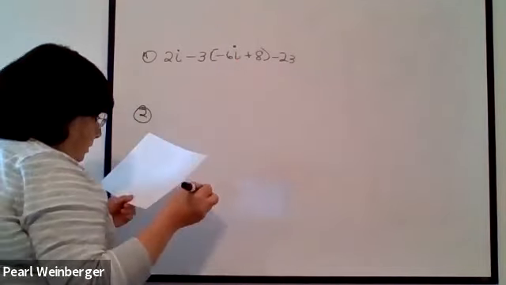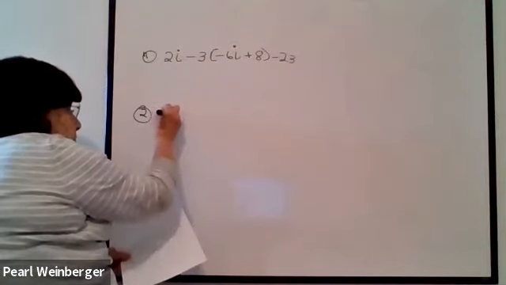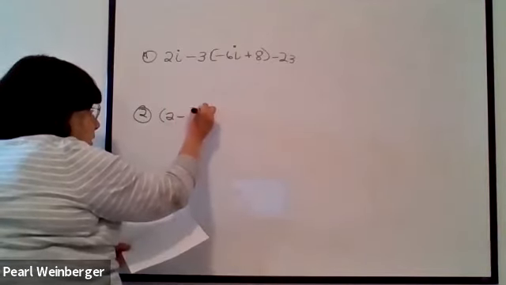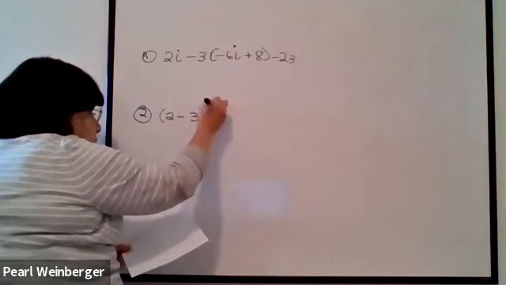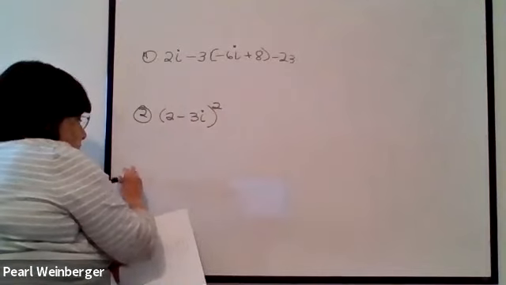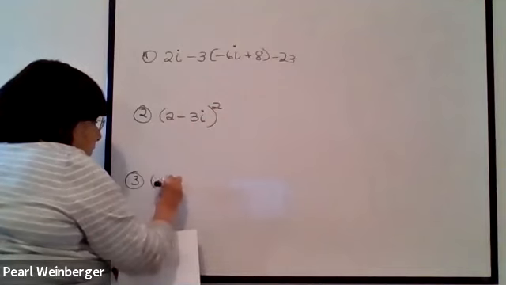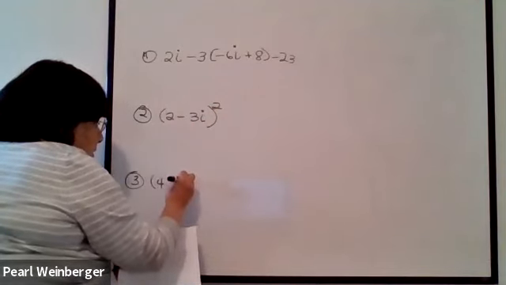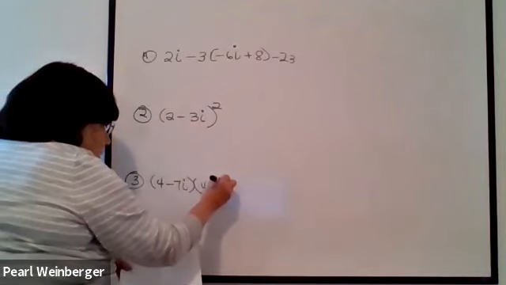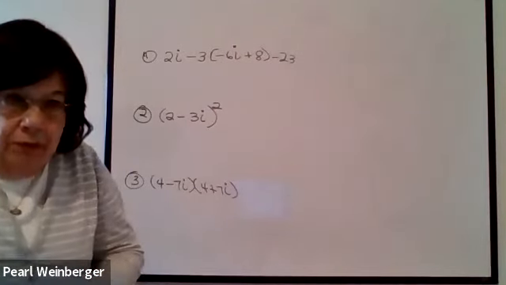Question number 2, I'd like you to do this multiplication. 2 minus 3i with a square on the outside of the binomial. And the third question I'd like you to do is 4 minus 7i times 4 plus 7i. Okay, I'm giving you a few minutes to do these 3 problems.